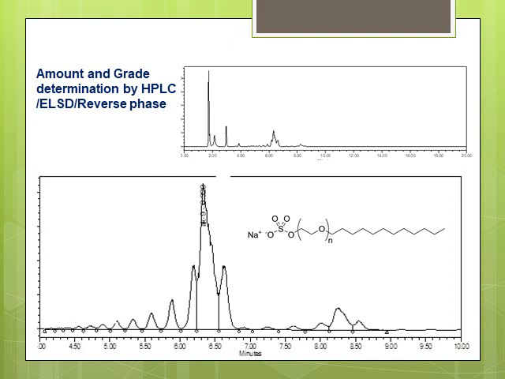It is a gradient program, and because SLES elutes in a very wide range of retention times, it is very likely that in other formulations that you want to reverse engineer, you will have interfering peaks. So this method may not be suitable for all products, but it happened to be suitable for this particular product that I was working on.